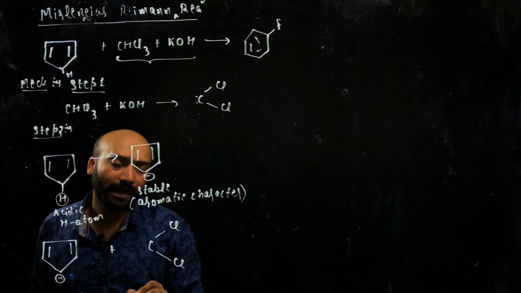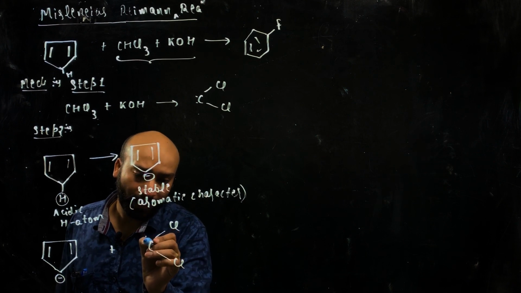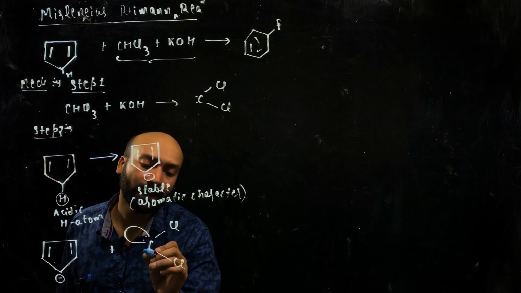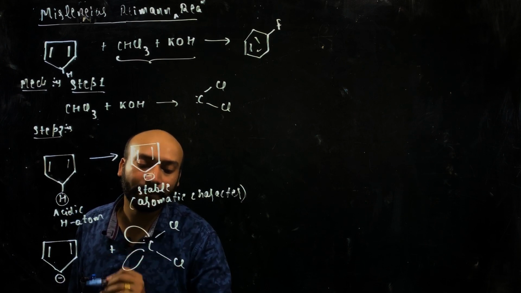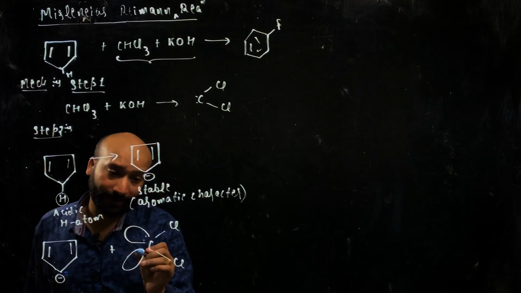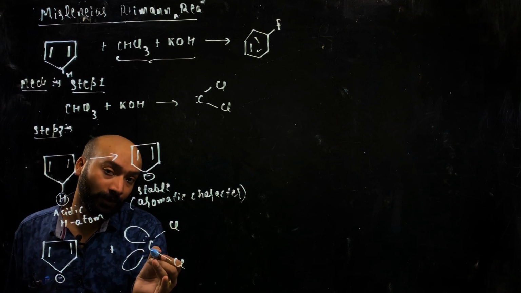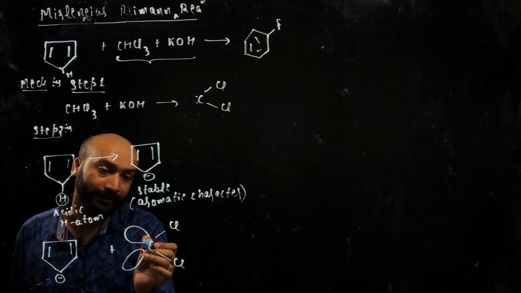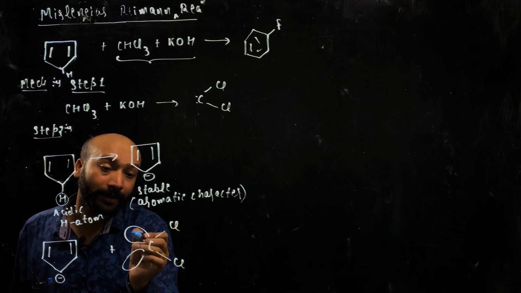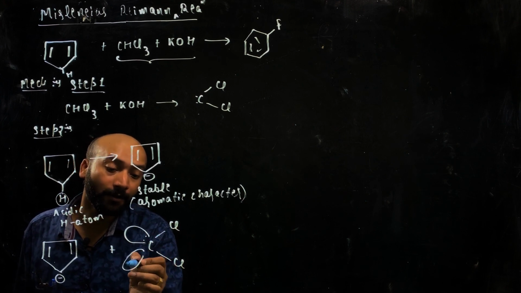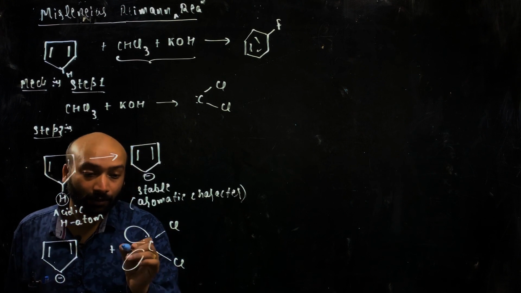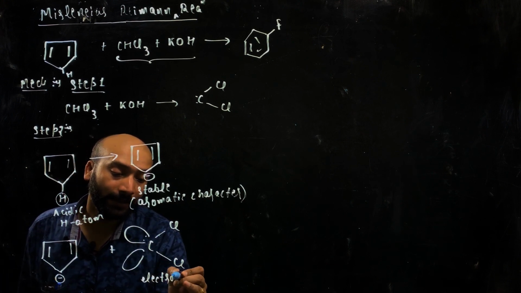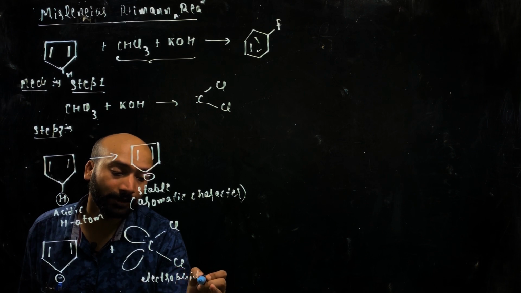In carbene, one orbital contains a lone pair and another orbital is empty. Carbon contains 4 orbitals: 2 orbitals form the sigma bonds, one orbital contains the lone pair, and one orbital is empty. So this behaves as an electrophile.